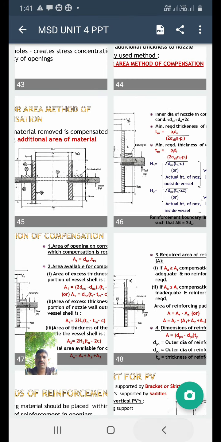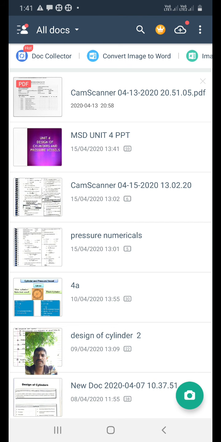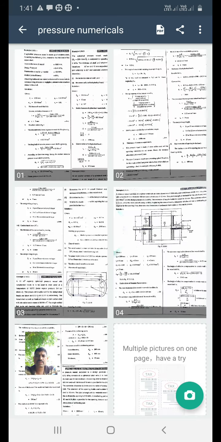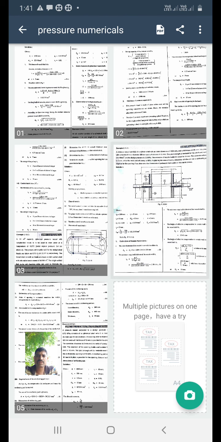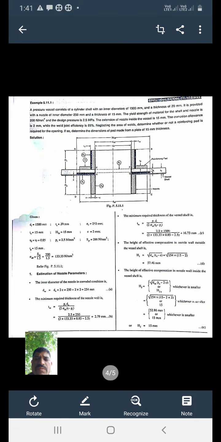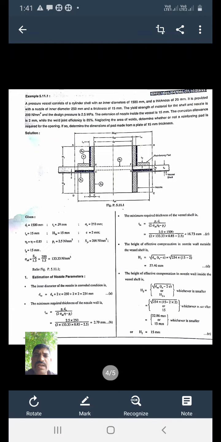I have selected some pressure vessel numericals, and we'll solve them. You should practice this numerical, because in the examination you will definitely get a numerical for 10 to 12 marks. If you know the area for area compensation method formulae, then you can solve it easily. Only remember the given data and the notation.